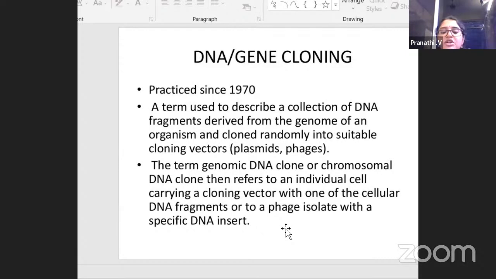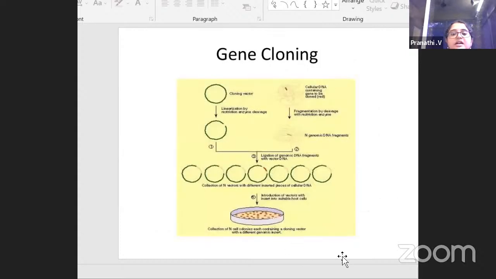The term genomic DNA clone or chromosomal DNA clone then actually refers to the cell that is carrying the cloning vector, so that the phage isolates with a specific DNA insert. So now you can actually see how this particular process is done.